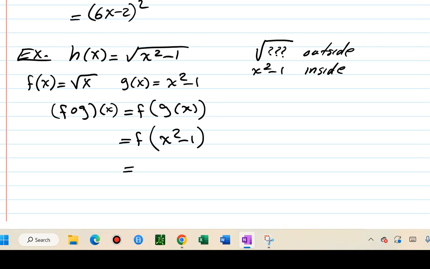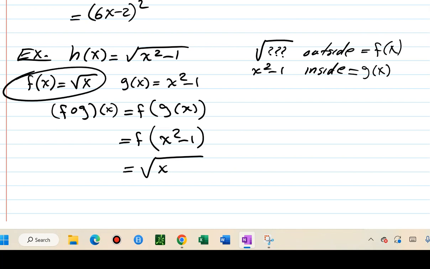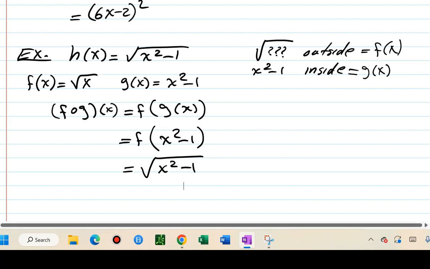What is f going to do? Yeah, that was g actually. The inside is g of x. The outside is f of x. And inside is going to pass it on to the outside. Outside is the radical. Anything you give it, square root of x. It will just put a radical over it. What's being passed on to it is x squared minus 1, and there we have that one.